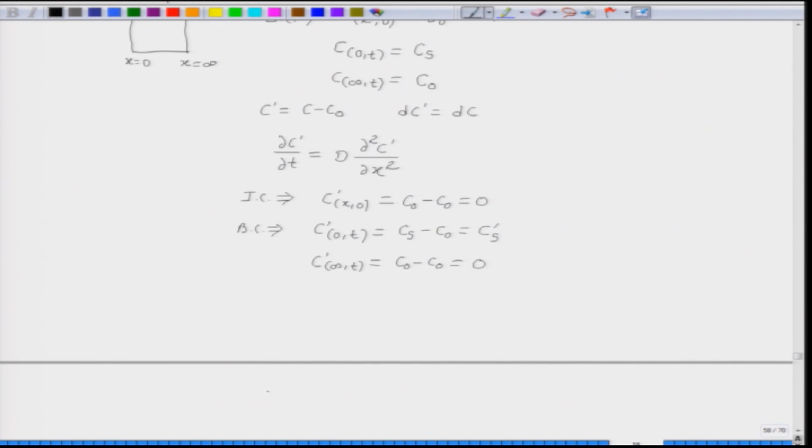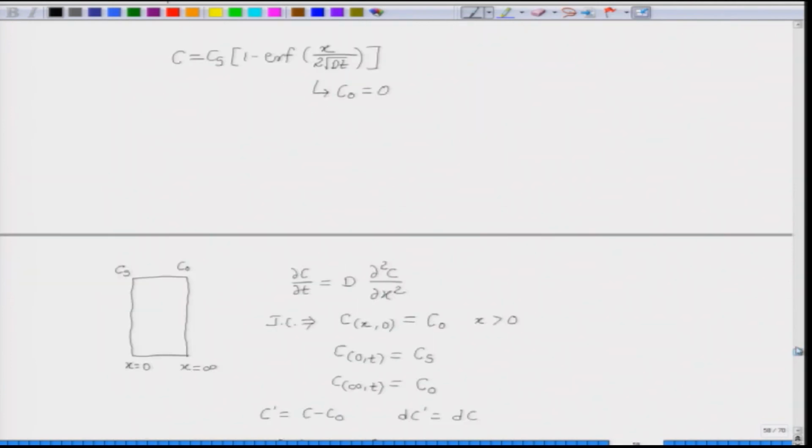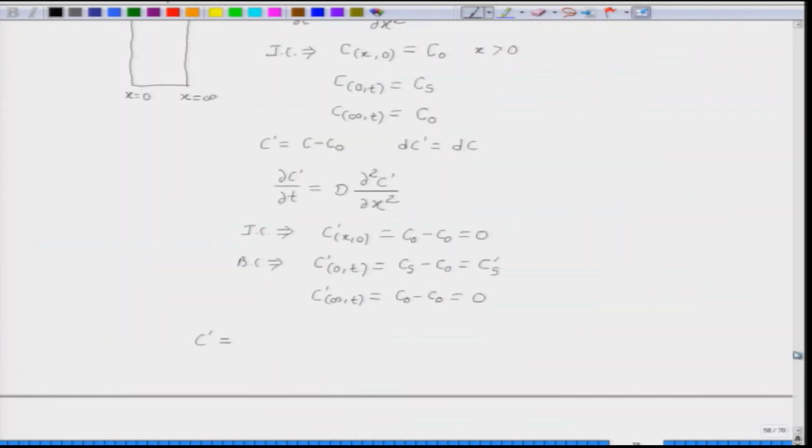So, we got back the diffusion equation and the initial and boundary conditions in the form that we have already solved, and the equation for the concentration profile in terms of C prime would be C s prime into 1 minus error function of x over 2 root Dt.